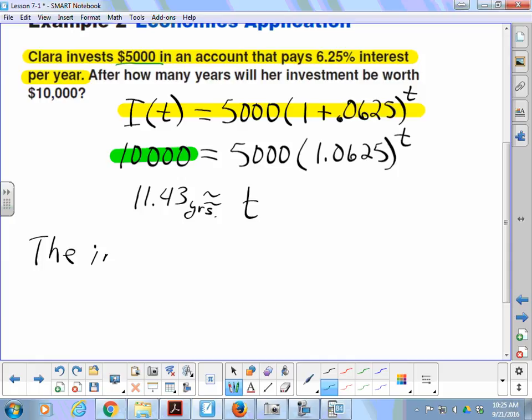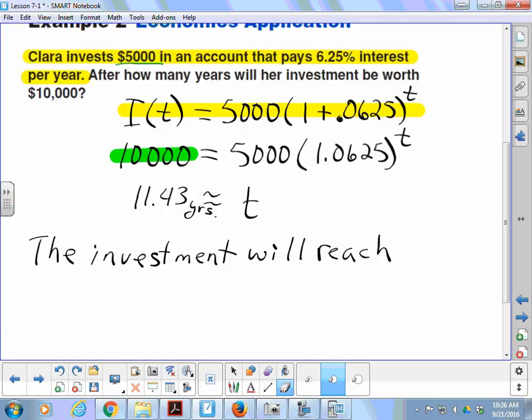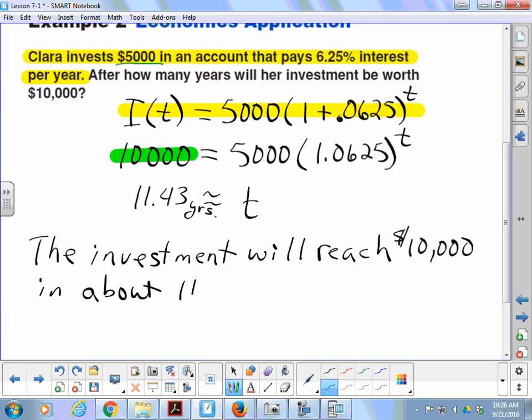The investment will reach $10,000 in about 11.43 years. Okay, but you have to write a sentence for me. Okay, if it's a word problem, I've got to see a sentence.